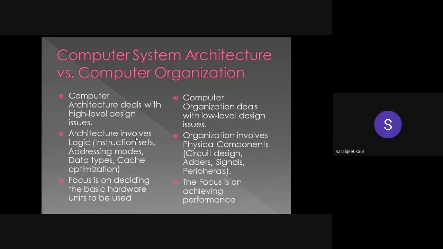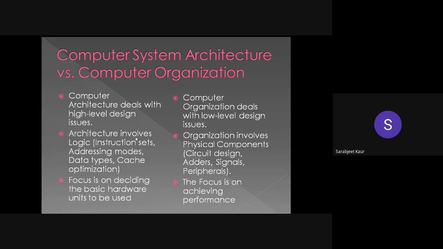Okay. So, now, once we have decided, for example, that we need to have a CPU, the CPU generally has an ALU and a control unit and a memory unit, right?